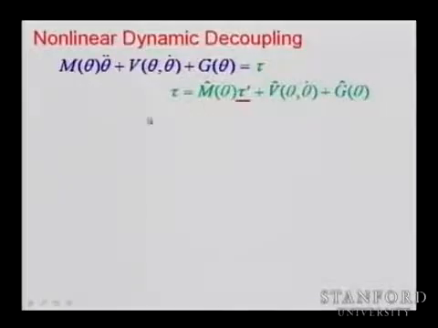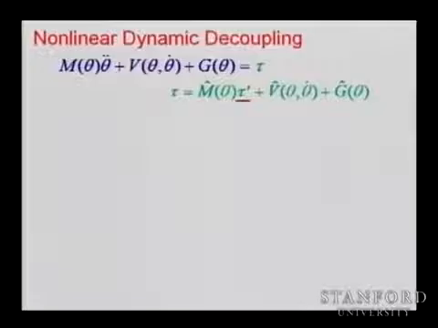If m hat is exactly equal to m, your unit acceleration is equal to torque prime. So basically, you are now able to drive the acceleration theta double dot with torque prime. And your torque prime is now the control input of the decoupled system, the unit mass system.